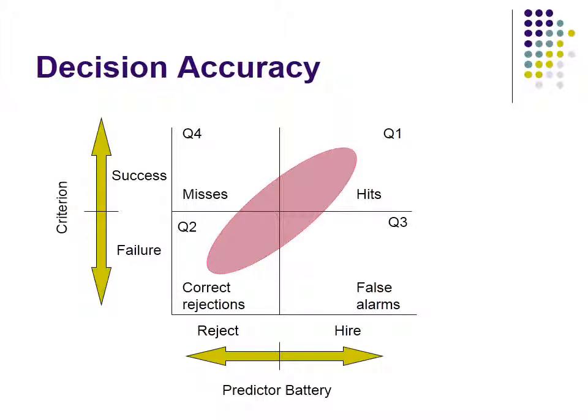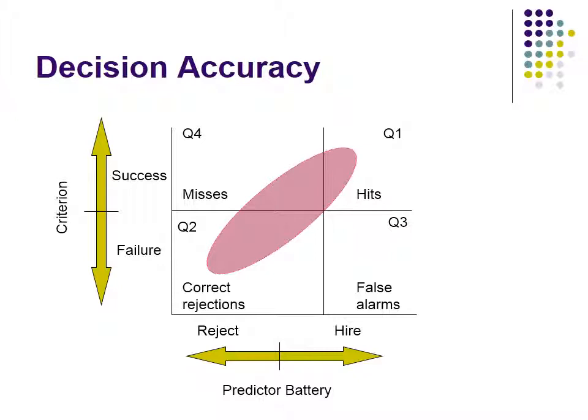So, assuming that you're looking at a fairly strong relationship between your predictor battery and your performance measure, which this example shows, you can also adjust the cutoffs to get at different types of decision accuracy. So, for instance, if we wanted to make sure that we never had a false alarm, all we have to do is move up the actual cutoff where we predict from.